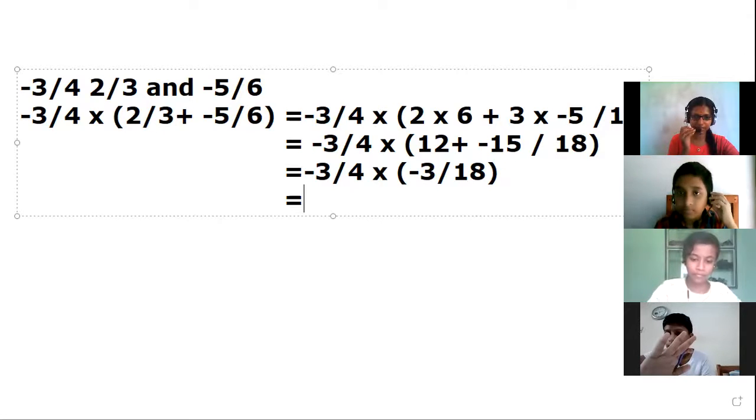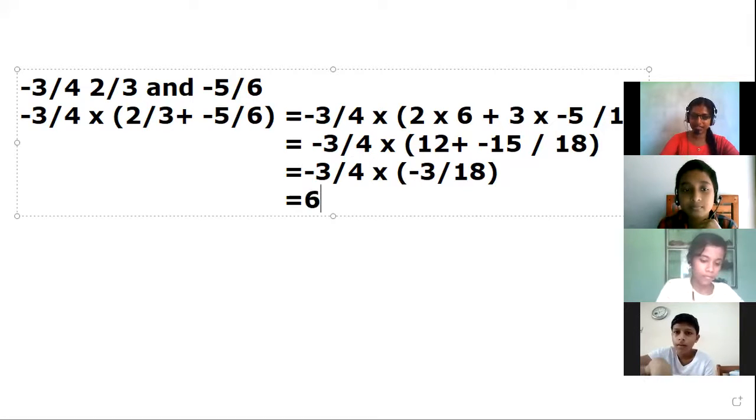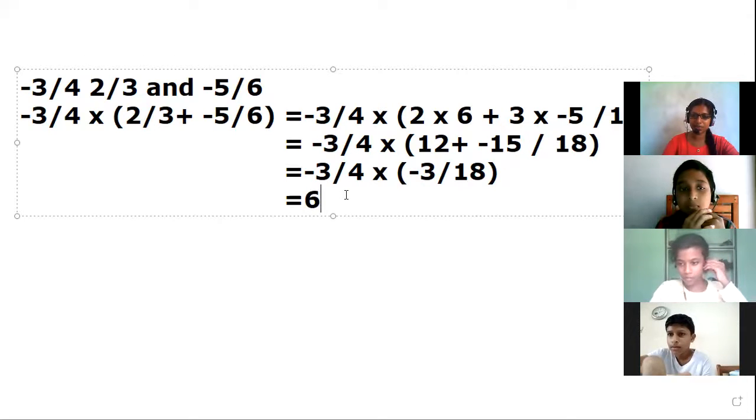What is the product of minus 3 and minus 3? It is 6. It is the product, not the sum. It is minus or plus? Okay, that's why it is plus 6, not minus 9. It is plus 6 because here we are multiplying two negative integers. Two is an even number.